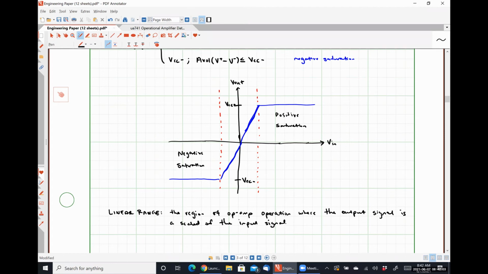Or it's the region of operation where the amplifier actually behaves like an amplifier, right? Everything else is nonlinear, okay?